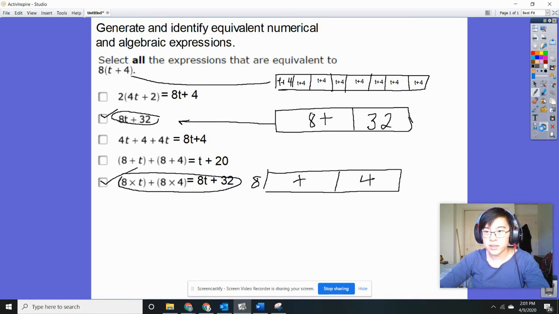Oh, nope, that's not right. I need t to be up here because it's 8 times t plus 4. So this is 8t, and this is 32. Ta-da! Because it's 8 times t plus 8 times 4, which is 32, which all equals the same thing.